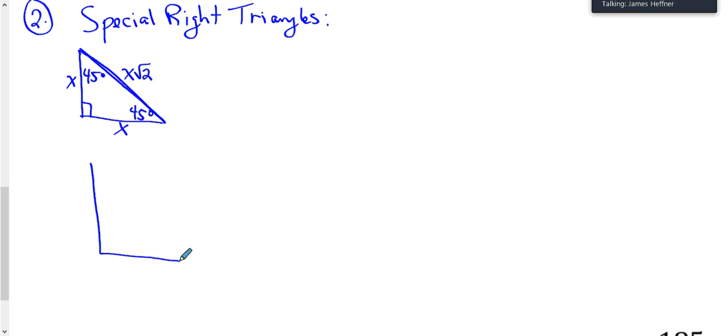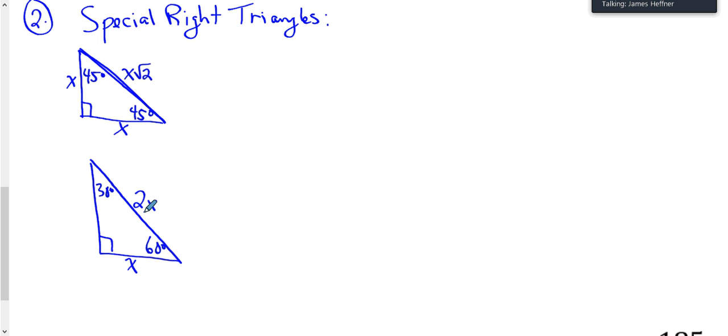Our other special right triangle, 30, 60, 90. Maybe you remember in this triangle, everything was based off of the short leg. So we call that x, and the hypotenuse was 2 times x, whatever the short leg is.